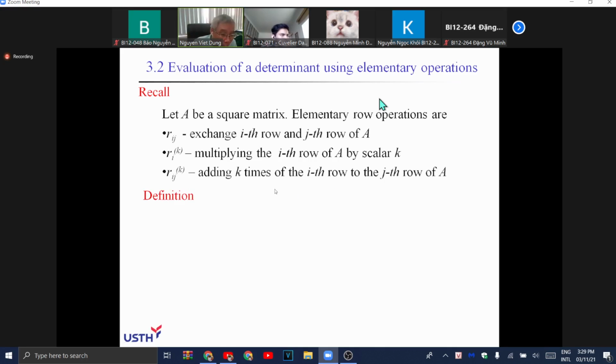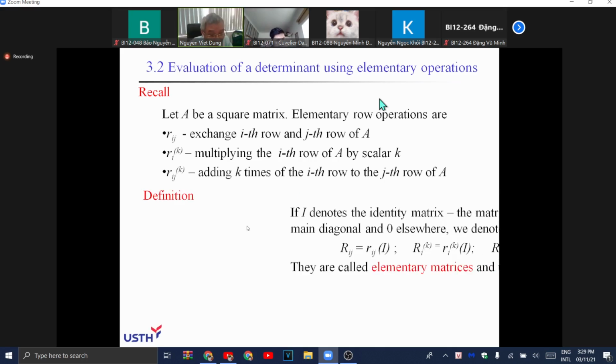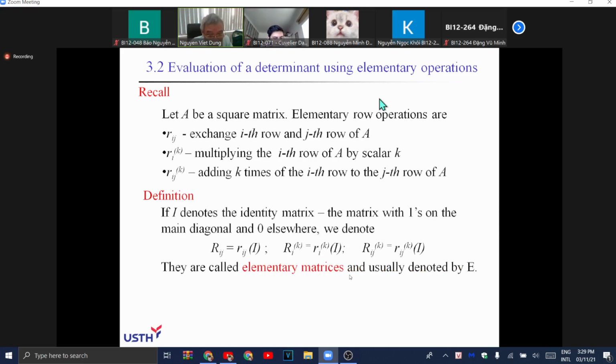Now we give a definition of what we call an elementary matrix. The elementary matrix is denoted by the same letter like here, but the bigger one. So instead of small a, we use the capital A here. Rij means we apply the first operation on the identity matrix.